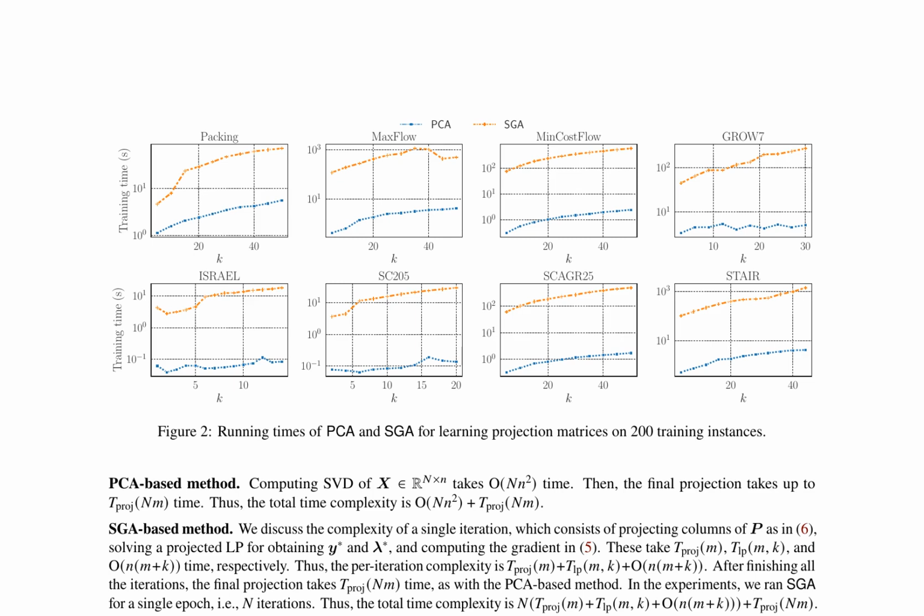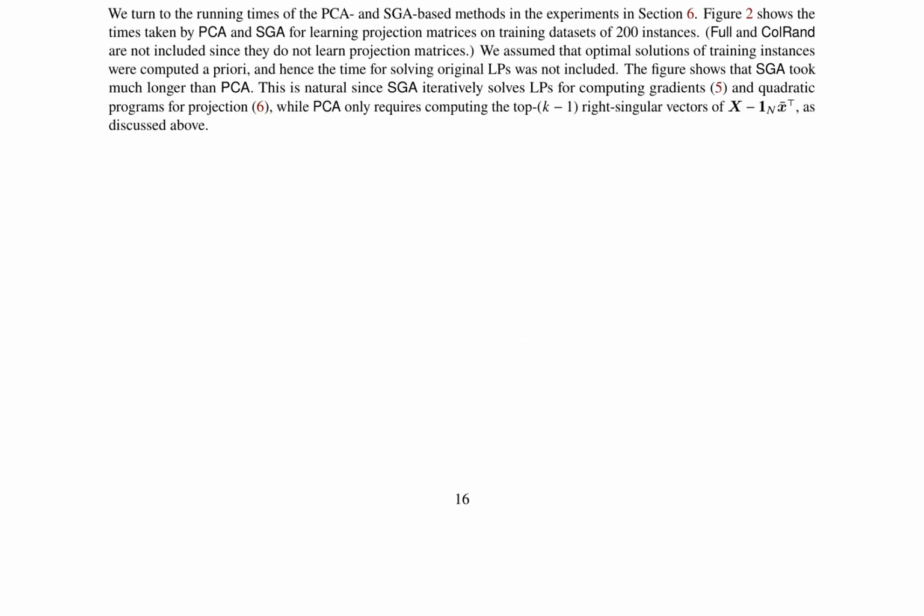The SG-based method involves projecting columns of P in (6), solving a projected LP for obtaining Y and lambda, and computing the gradient in (5). Each iteration takes t_proj(m), t_lp(m, k), and O(n(m plus k)) time, respectively.